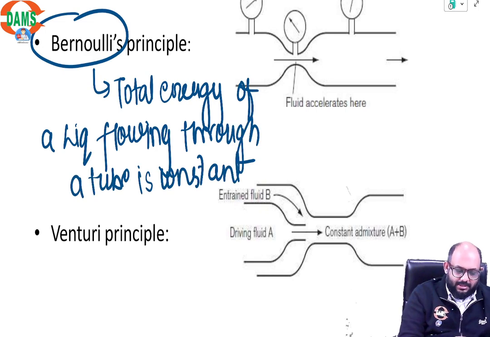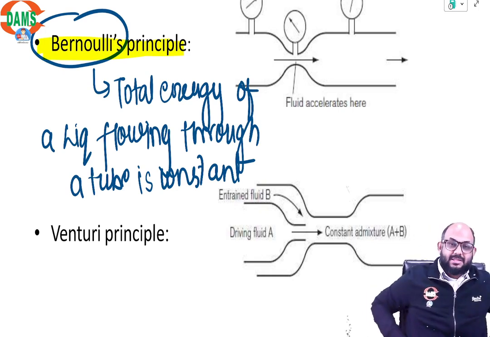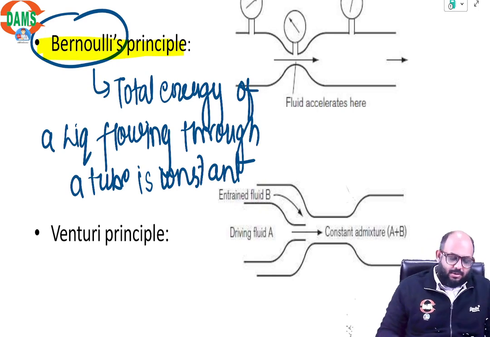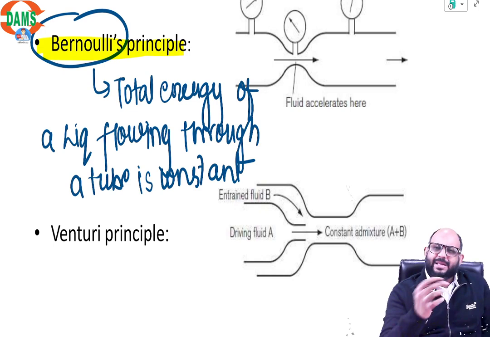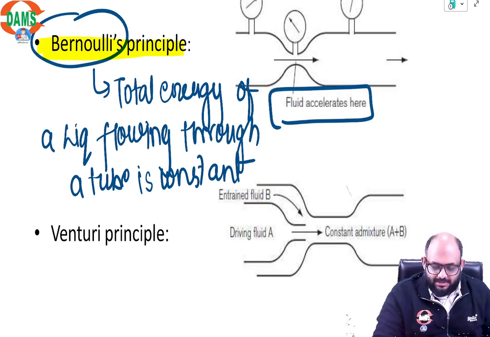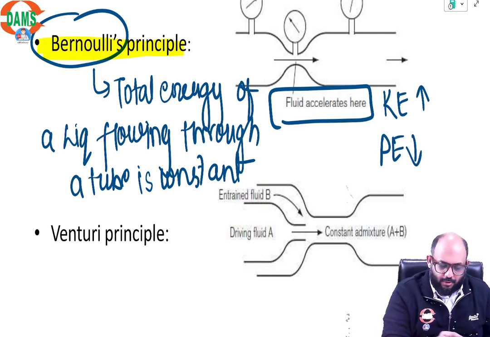Try to understand what this Bernoulli's principle is. The total energy of a liquid flowing through the tube is always constant. So, if you accelerate the flow of this liquid, what happens? The kinetic energy will increase. So, automatically the potential energy should fall.